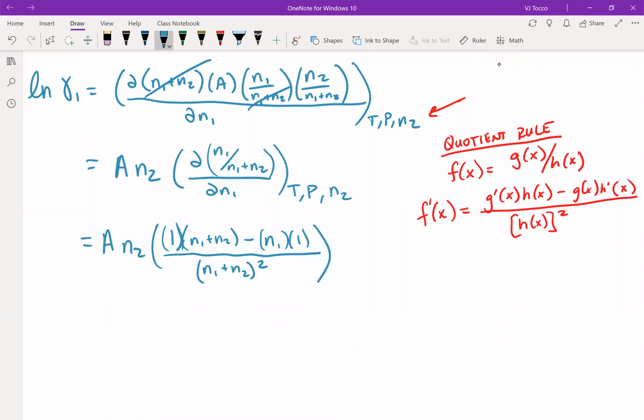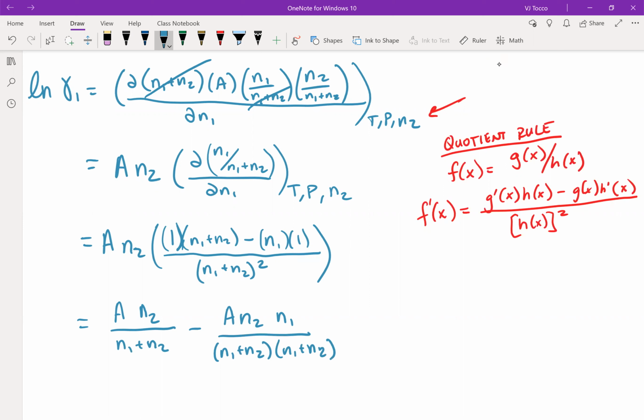Next, I have an algebraic function which I can just multiply through. So I'm going to have A n2, and then one of these n1 plus n2 is going to cancel with one of the two on the bottom. So I'm just going to have n1 plus n2 on the bottom for the first term, and then minus A n2 n1 divided by, I'm going to write these separately, n1 plus n2 and n1 plus n2.